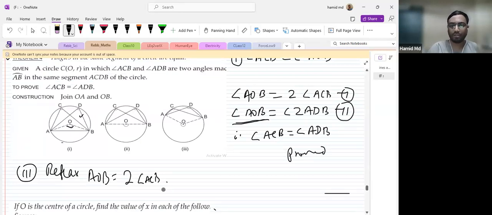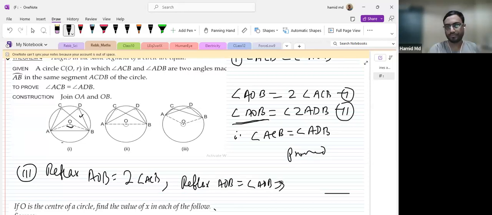This is true for the reflex angle as well. Reflex AOB is equal to twice angle ADB. So from here, ACB is equal to ADB. Got it? This was simple.